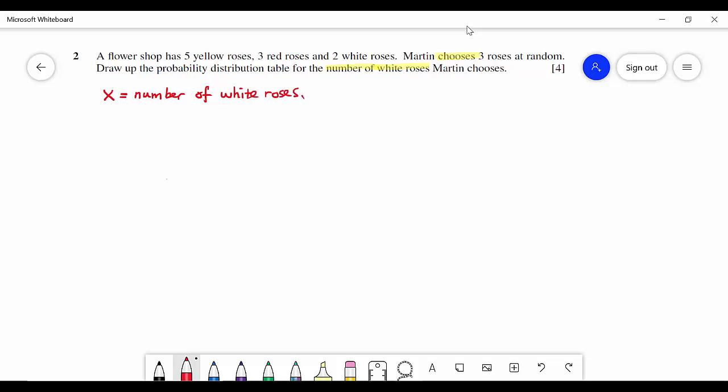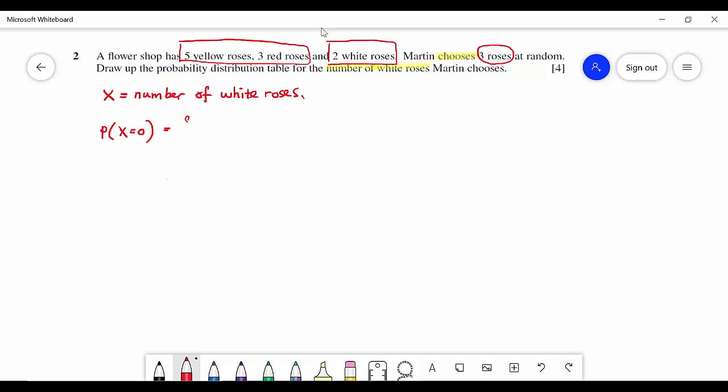Okay, so you are having 3 roses in total. So the possible number of white roses can be x equals 0, that means there are no white roses. So if there are no white roses, when you want to choose the other color roses, you can treat this whole group as other color and the white roses as the second group.